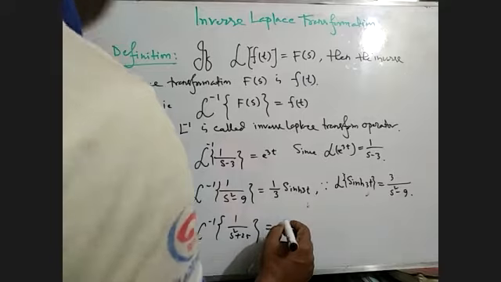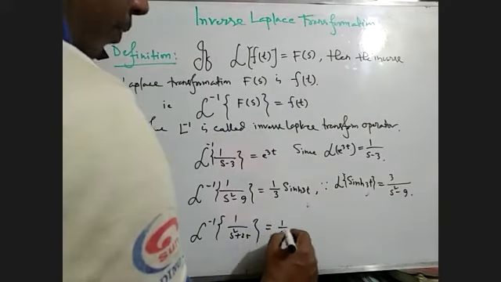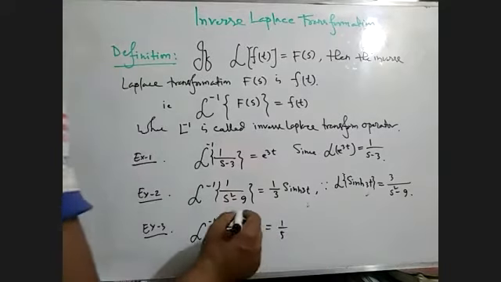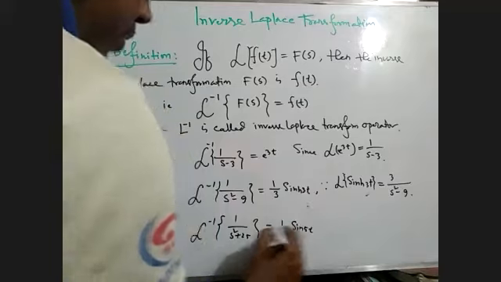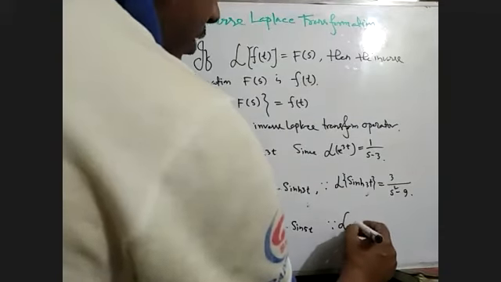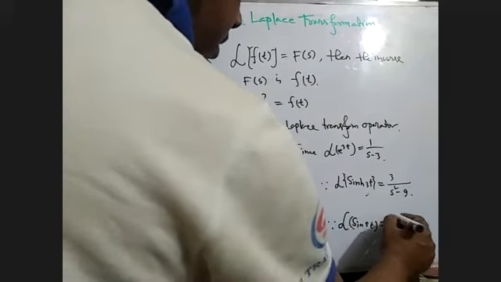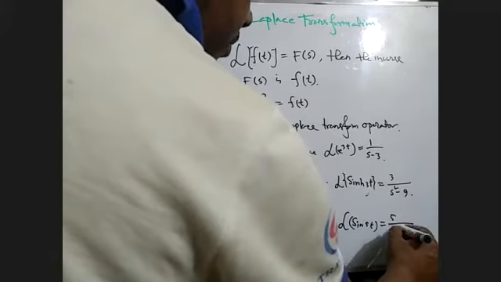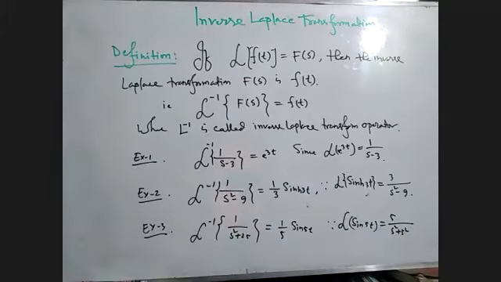This equals 1 by 5 sine 5t, because the Laplace transformation of sine 5t equals 5 divided by s square plus 5 square. Okay, this is the main example of inverse Laplace transformation.